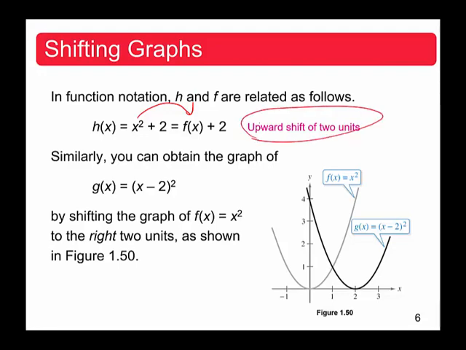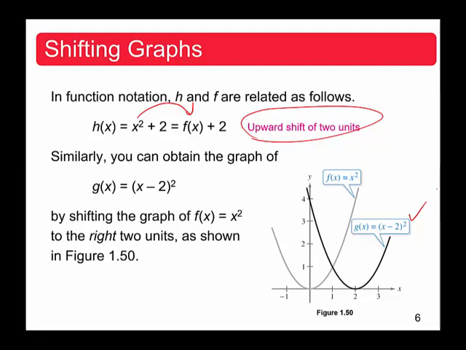Also, let's say g of x equals x minus 2 squared. If you sketch the graph, the parent function is x squared, in gray, and the black one is g of x. So we're shifting the parent function 2 units to the right. Okay, so we come up with this g of x.